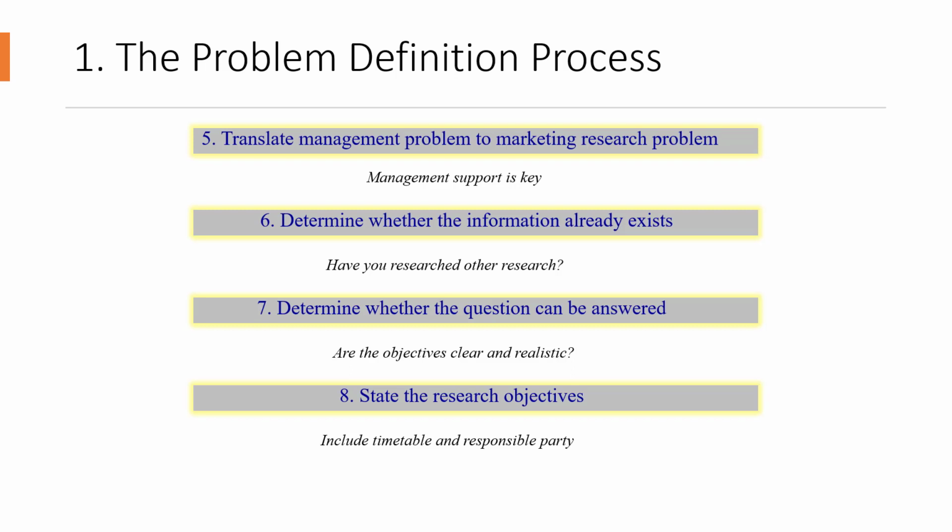So really, we need to get a better sense of what the management problem is about. Sometimes it's obvious, sometimes it's not so obvious. So we need to find that out so that we can do this translation process, because we know how to solve the market research problem, but we need to translate the management problem into a market research problem, which I'm going to use an example to illustrate.